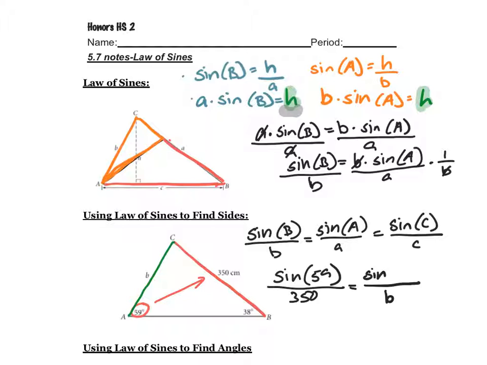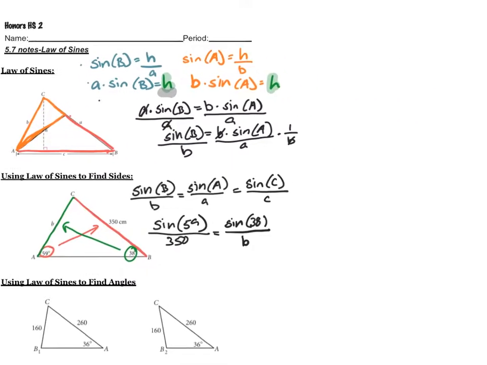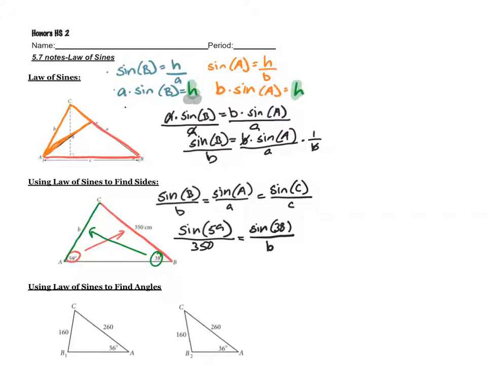I need sine, and what I need it to be is big B. So what is big B? Well, we have a measurement for that. The measurement for big B is right here, and it is across the triangle from little b. So let's put in 38 inside of there.